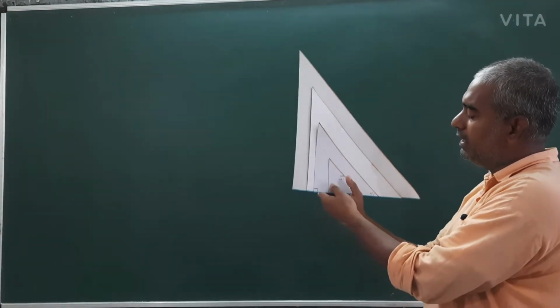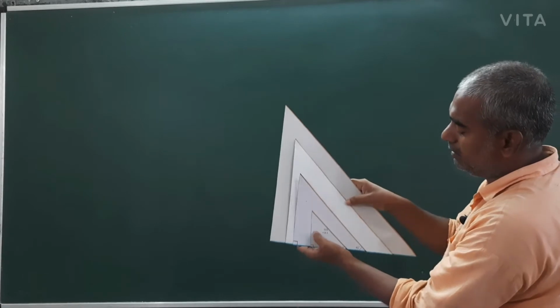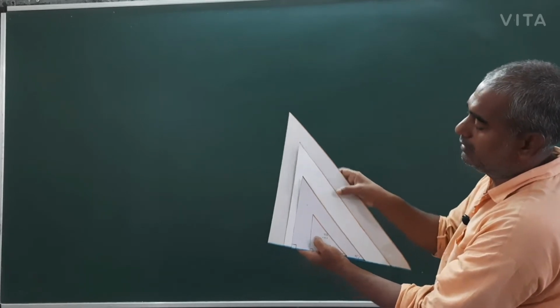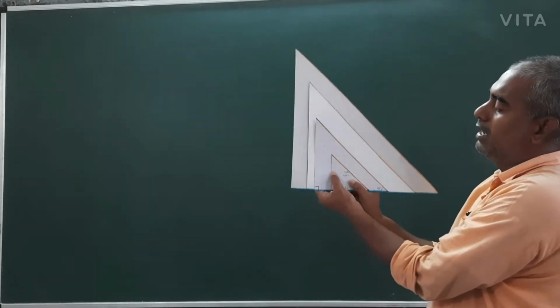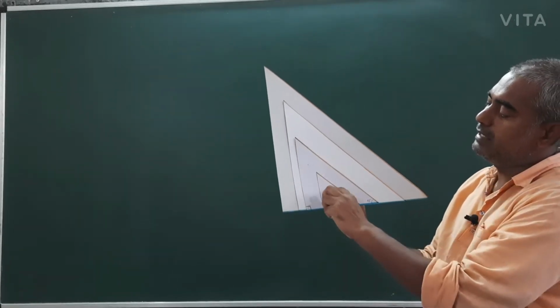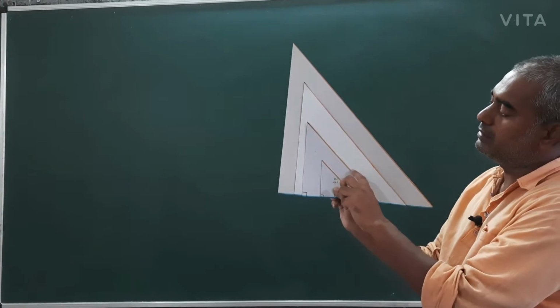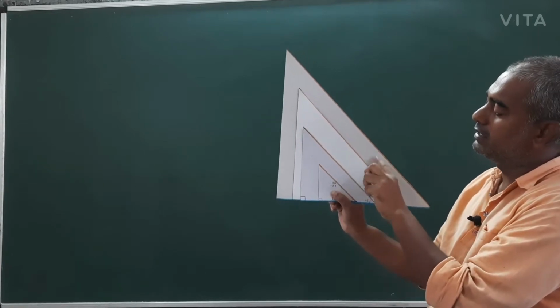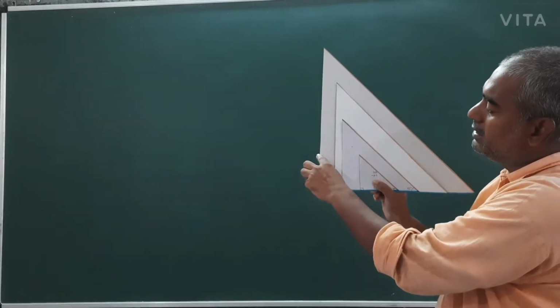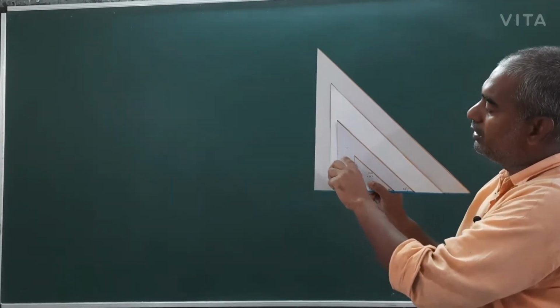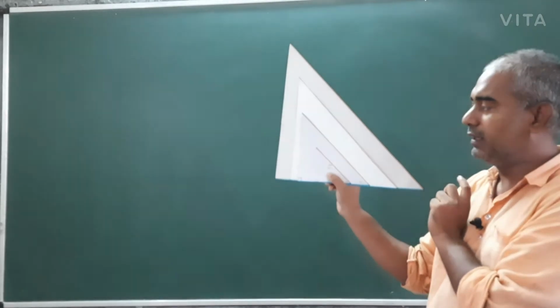When I keep it on this plane, are you able to see? These lines are parallel, this and this. These four lines are parallel, and I have not colored here, but these are also parallel. 1, 2, 3, and 4, because 4 triangles are there.